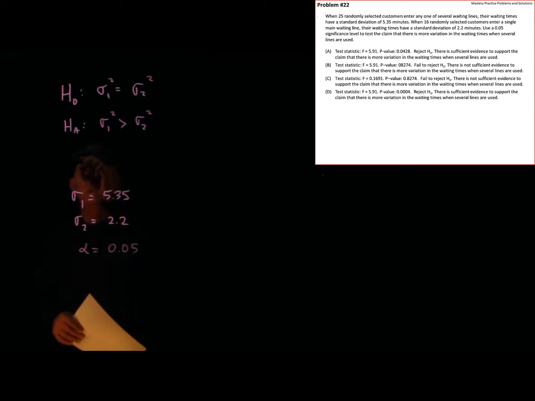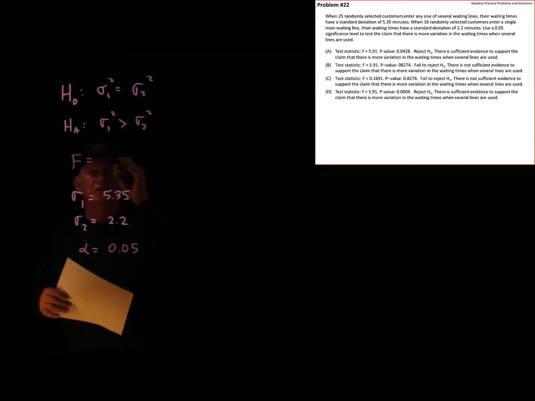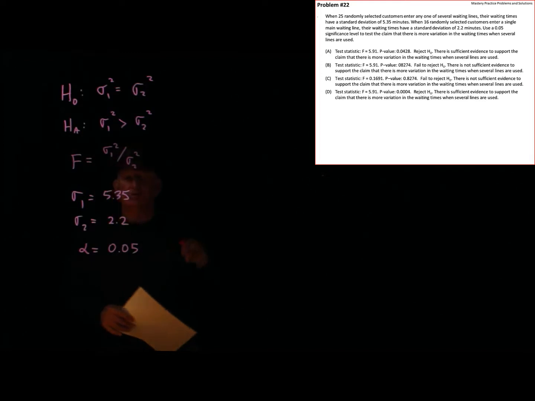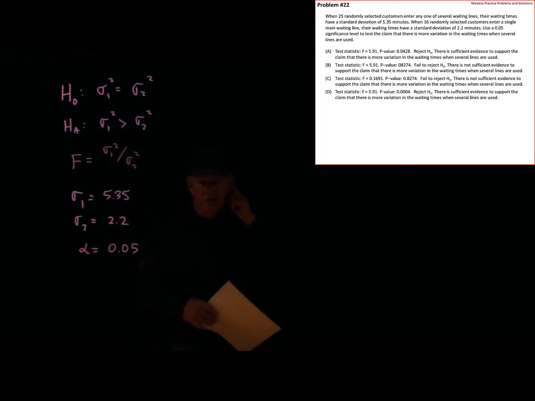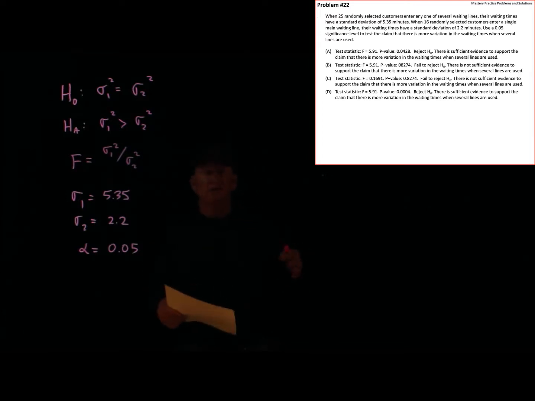So let's calculate F. F is always the ratio of the variances, and generally you are instructed to set those up in such a manner that you have the larger of the two on top. I've got to tell you, that's sort of historical, because when these values were found with tables, it was fairly easy to find the values out in the right tail.